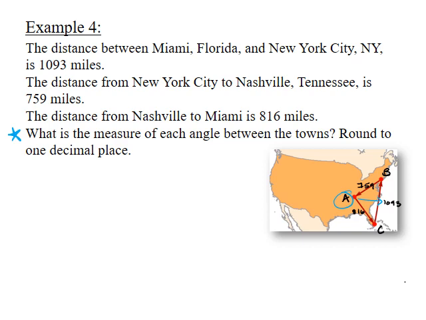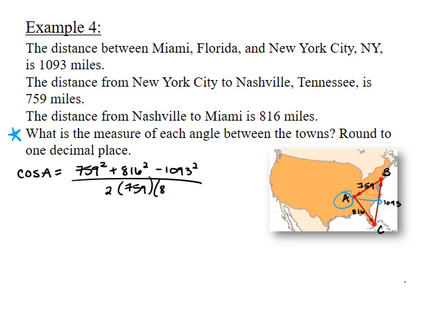So applying the law of cosines to find angle A, I'll have 759 squared plus 816 squared minus 1093 squared all over 2 times 759 times 816.